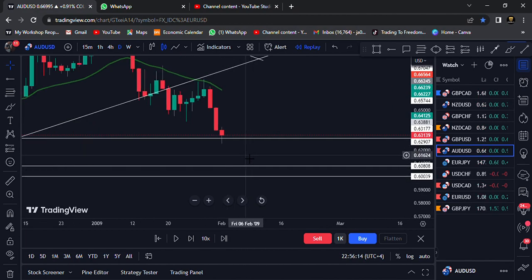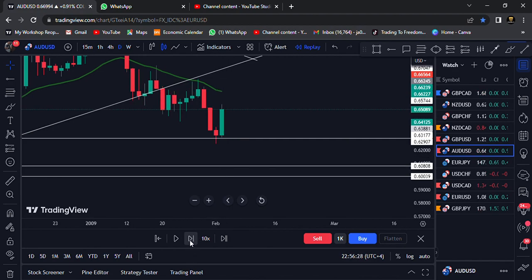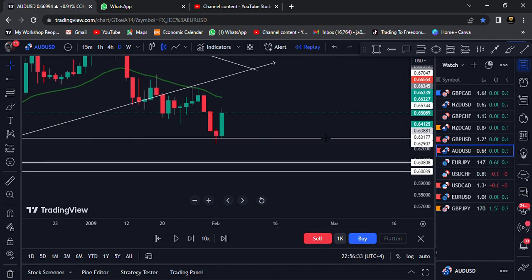So price has the tendency of going back up, and here we are patient. We don't want to hurriedly enter because it's just a signal, not a confirmation. So as you can see, we could still enter, but it didn't give us any confirmation. It's just a signal that price is about to reverse, as I said.